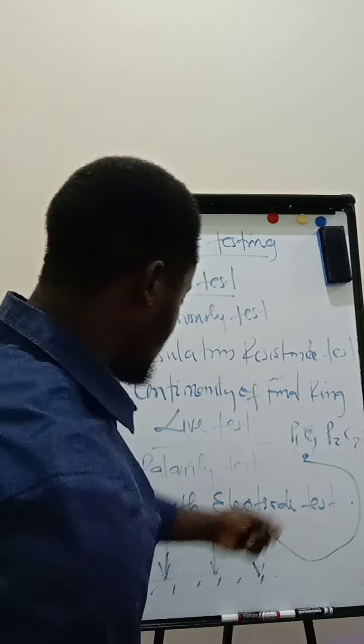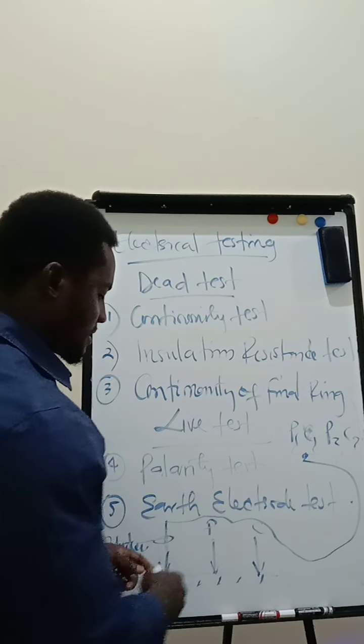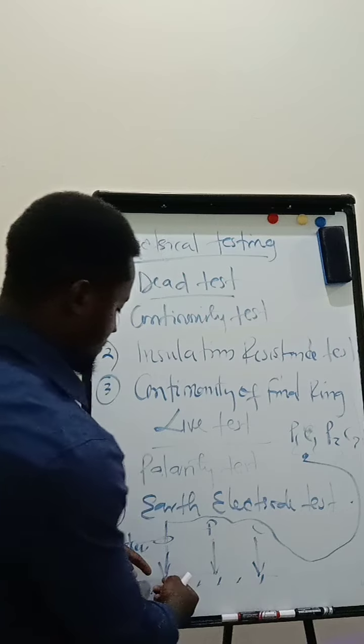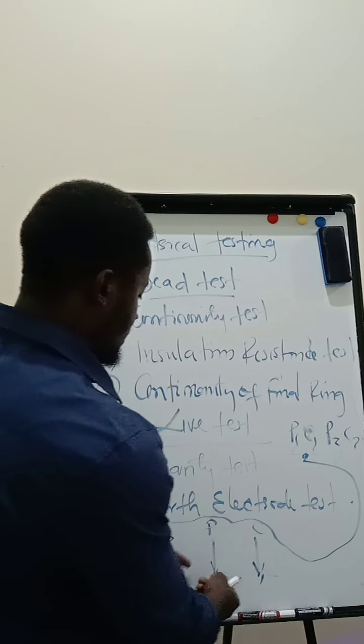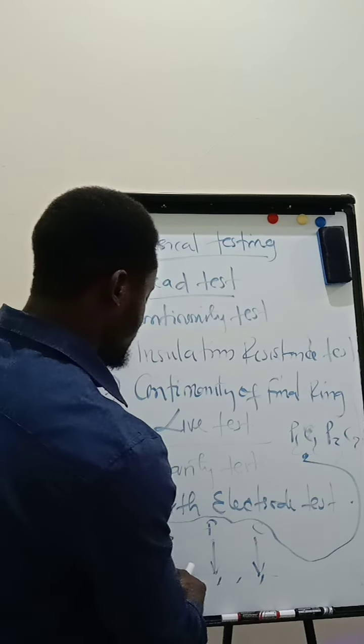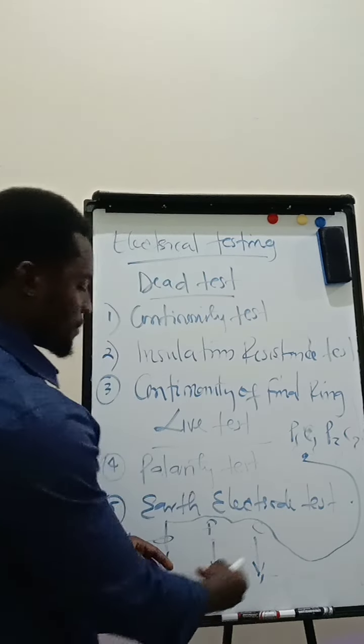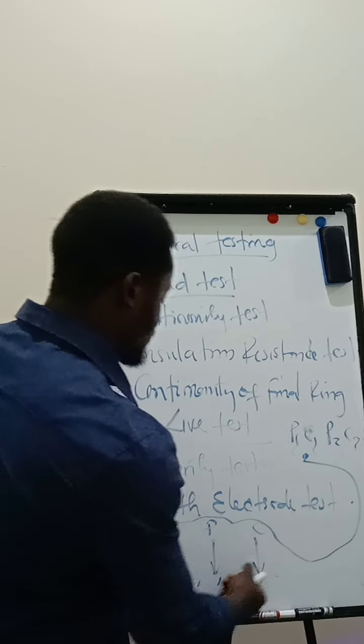So we carry out this test first where we place the current electrode a distance of say maybe 30 meters away from the electrode under test, and then half the distance we place the potential electrode between the electrode under test and the current electrode.